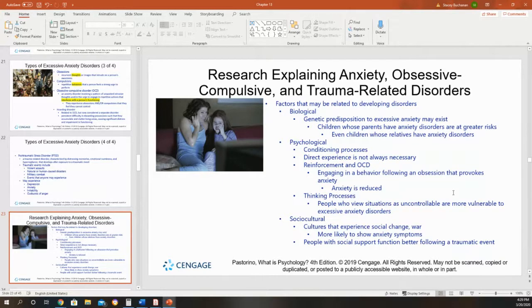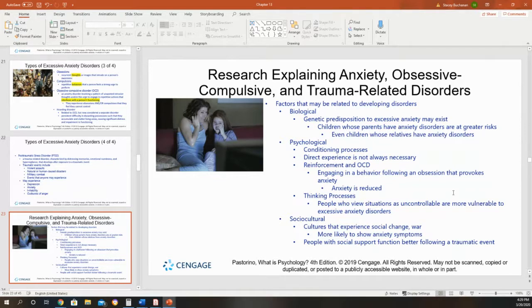They also may develop fears by observing and hearing others' negative experiences. You could theoretically suffer from a phobia, something you've never even been around, because of other people's negative experiences to that. Reinforcement, an OCD, mentioned that one earlier.